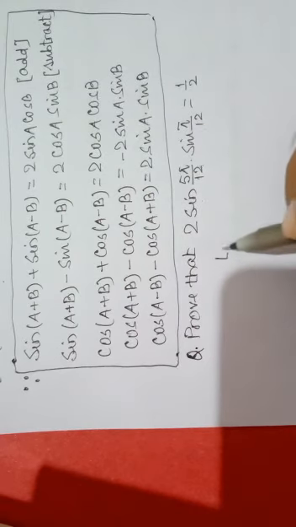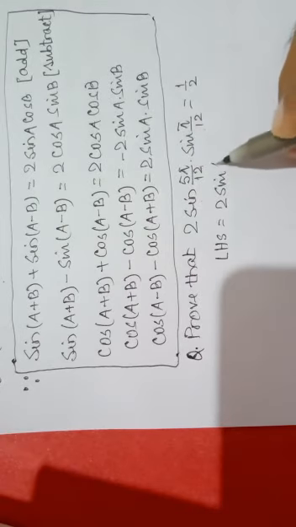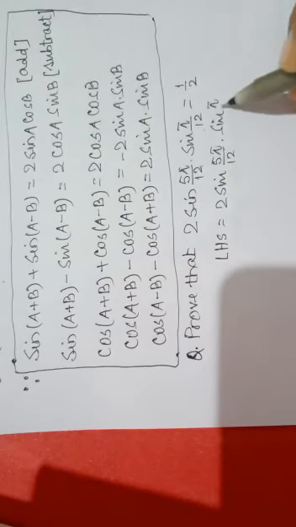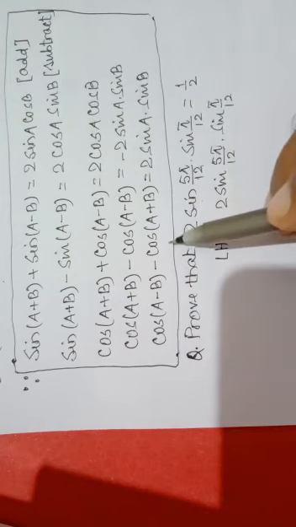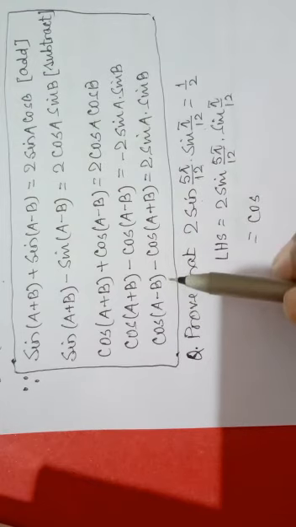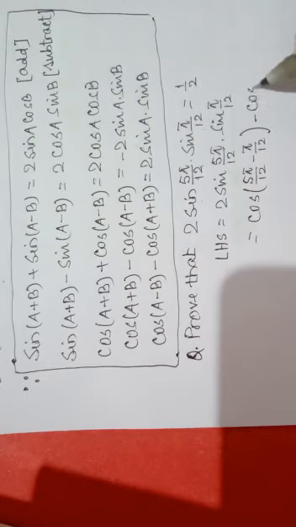So LHS is our 2 sin 5π/12 into sin π/12. Apply the last one. So what we have: cos(A−B), meaning 5π/12 minus π/12, minus cos(A+B), 5π/12 plus π/12.